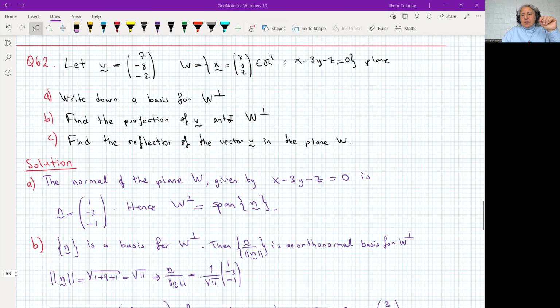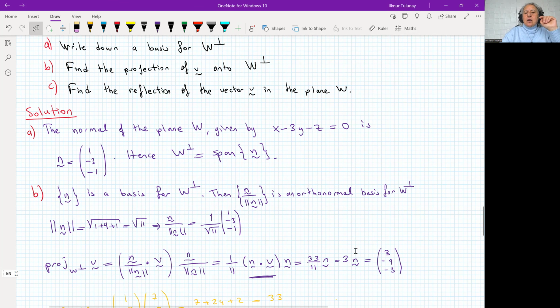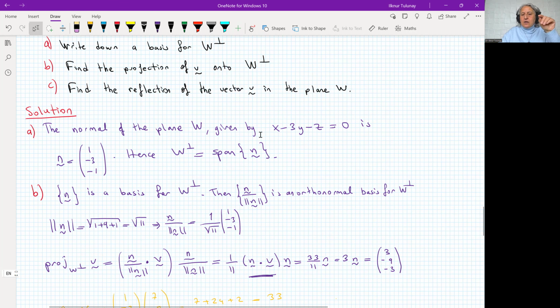But an orthonormal basis for this vector space, since we have only one vector, will be just the unit vector corresponding to this normal. The only thing we need to do is calculate the unit vector of the normal vector, which will give us the orthonormal basis for the orthogonal complement of W.